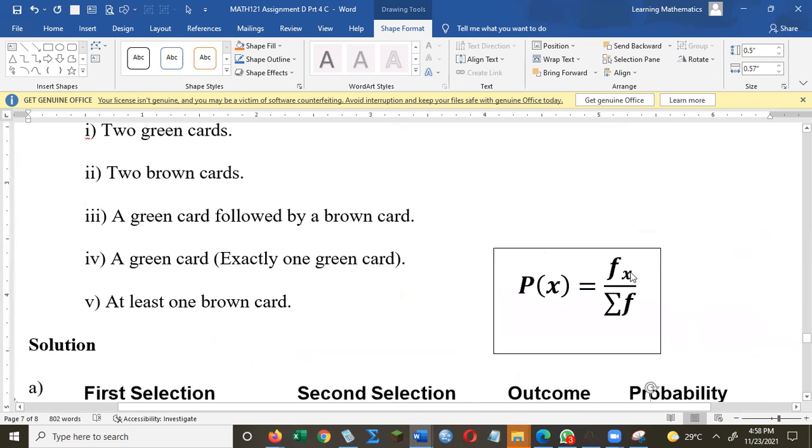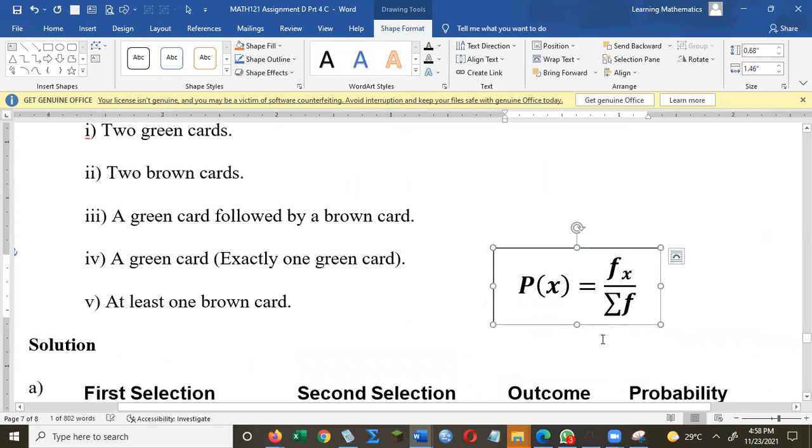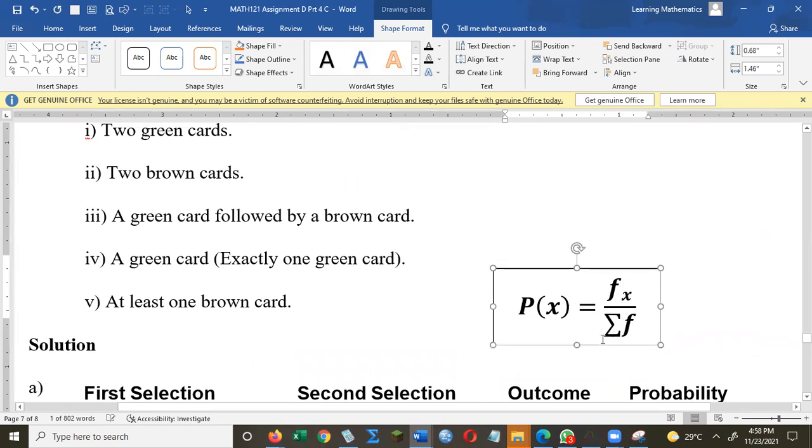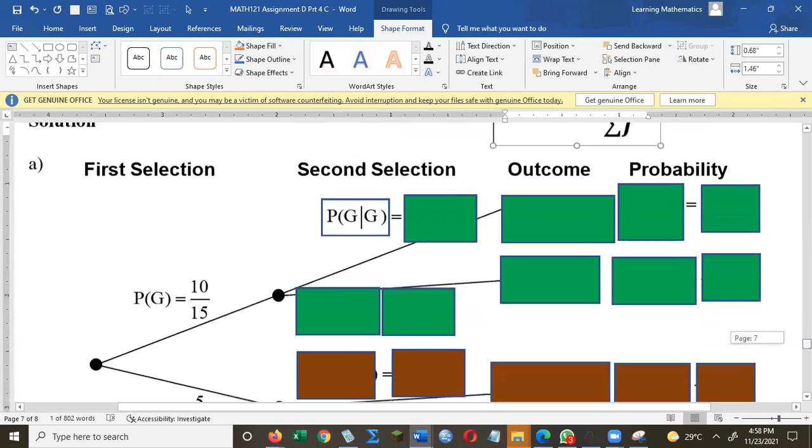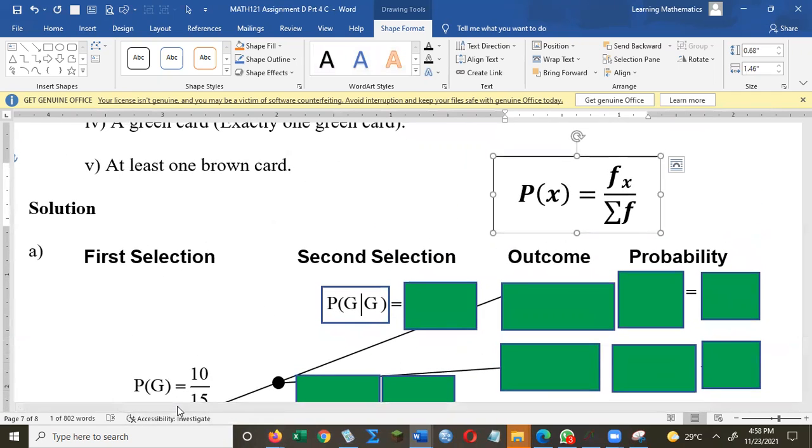We're going to reuse that formula. Frequency over total frequency. Bearing in mind, if it was a green, he will not be replacing it into the container. I'm asking, will it still be 10 over 15?